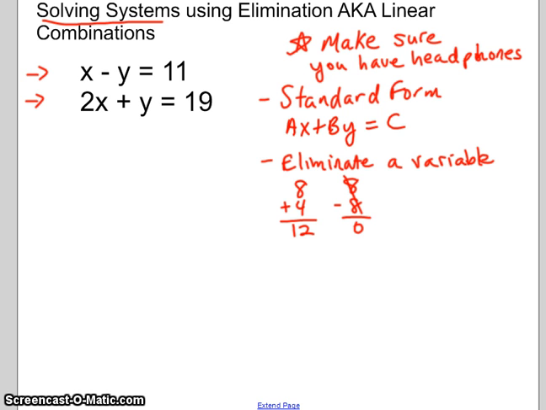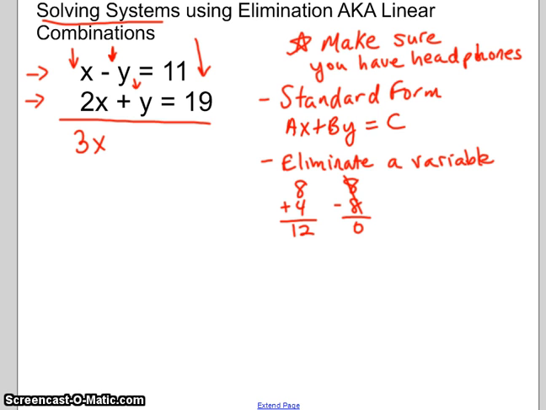Now with our first example, we have x minus y equals 11 and 2x plus y equals 19. We're going to eliminate the y's because we have a negative y and a positive y. What we're going to do is just add straight down, the like terms. So we have x plus 2x, positive x and positive 2x, that's 3x.